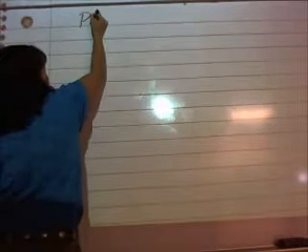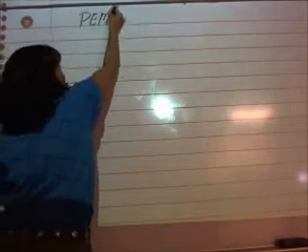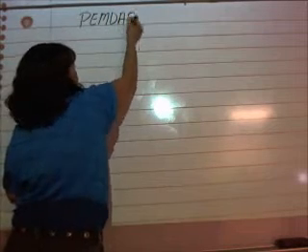Alright, today we're going to be working with order of operation, or what most of us like to call PEMDAS. Kind of shorten it. So, it's going to be PEMDAS, P-E-M-D-A-S.